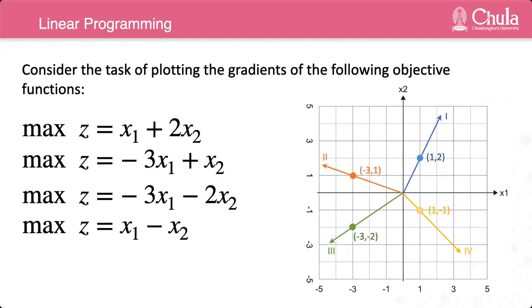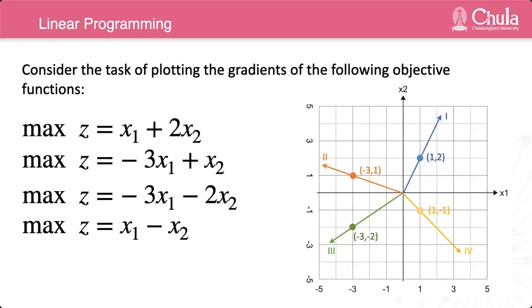Okay, so if we look at some examples, if we want to maximize x1 plus 2x2, we draw the gradient of this function. How can we draw the gradient of this function, x1 plus 2x2?